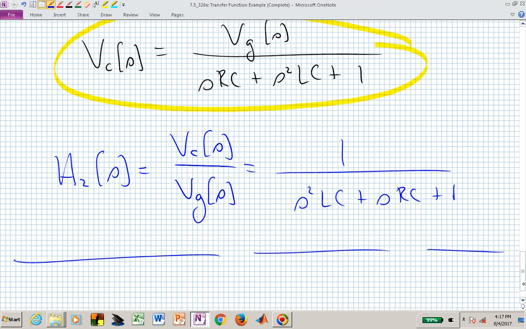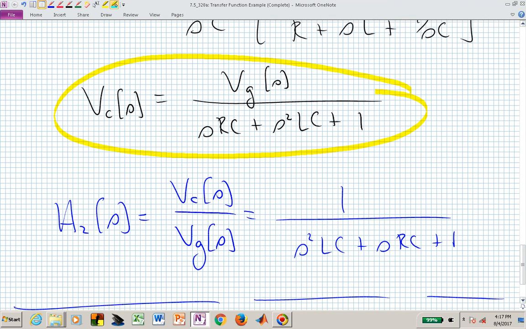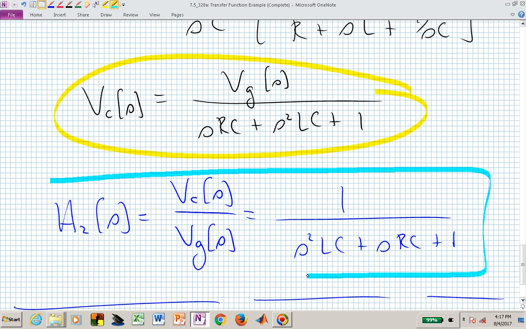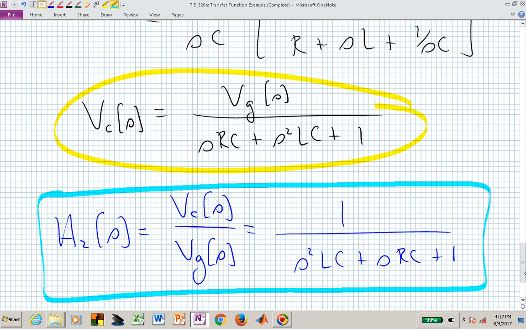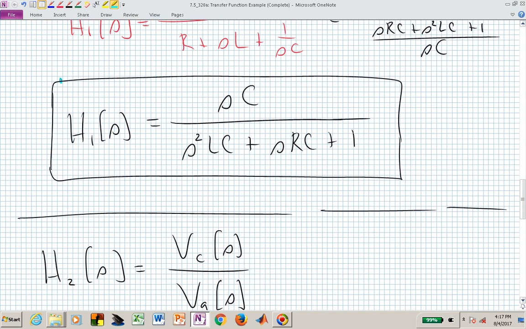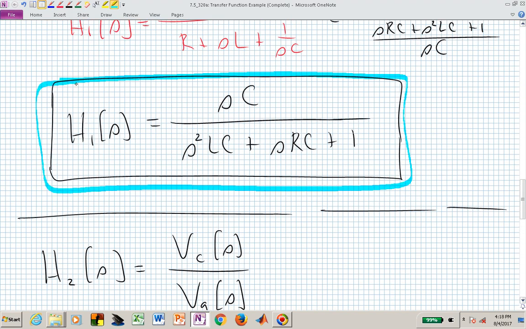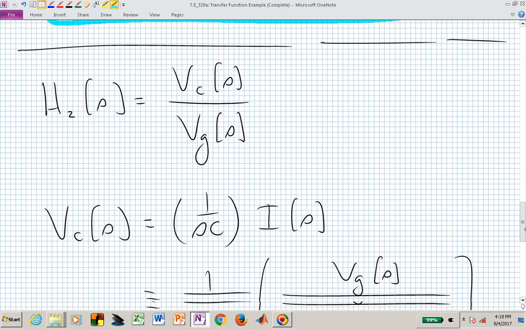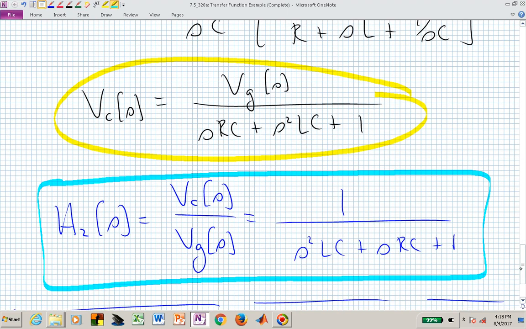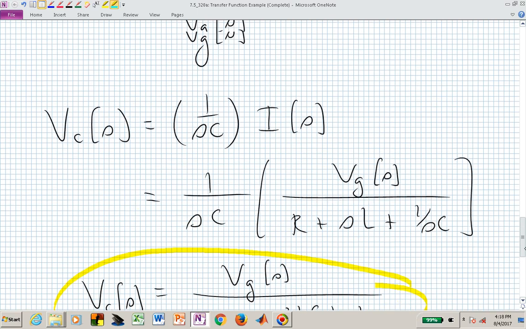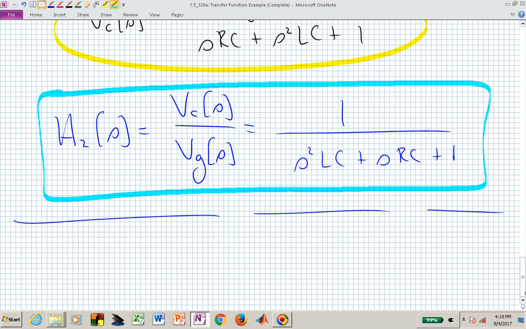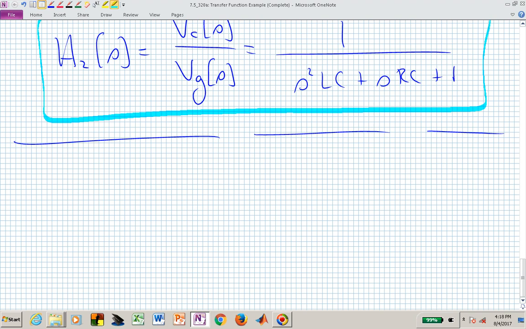What you might do is start looking at anything in common between this transfer function of that circuit and this transfer function of that circuit. I hope that you see that the denominator is exactly the same in both, because they both have the same characteristic behavior.